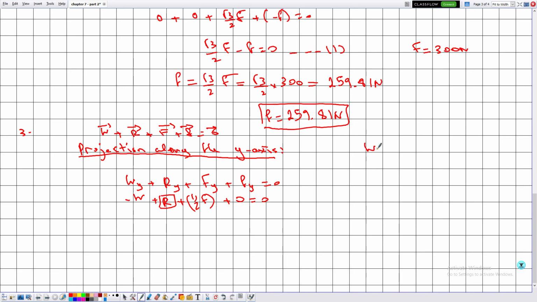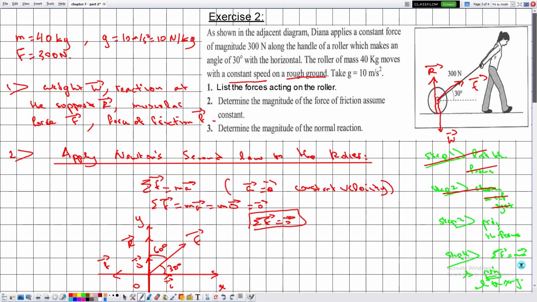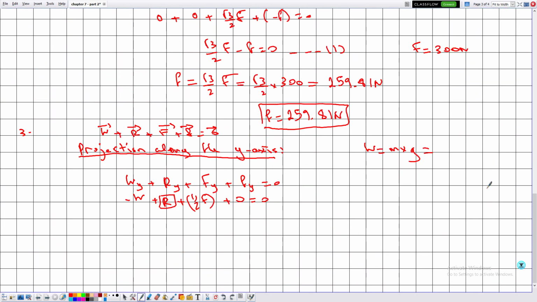Notice that the weight is equal to m multiplied by g. The mass of the roller is 40, and the value of g is 10. So 40 multiplied by 10 is equal to 400 newtons. So we know the value of W, and we know the value of F because it's given to be 300 newtons. What's the type of this equation?